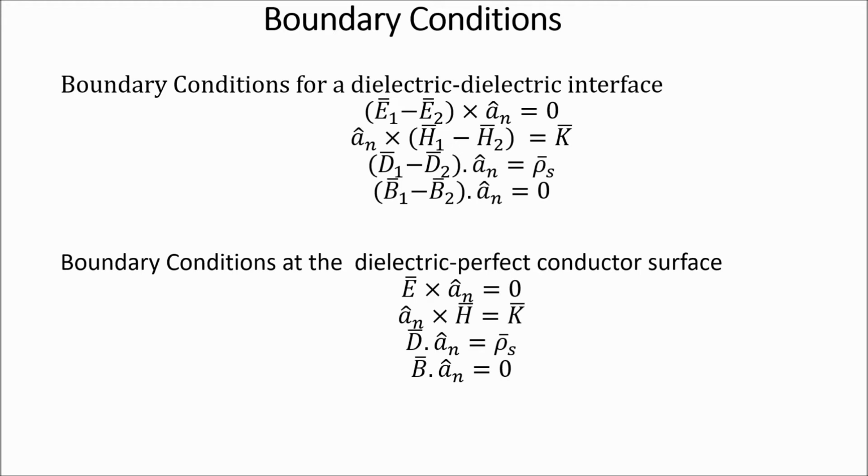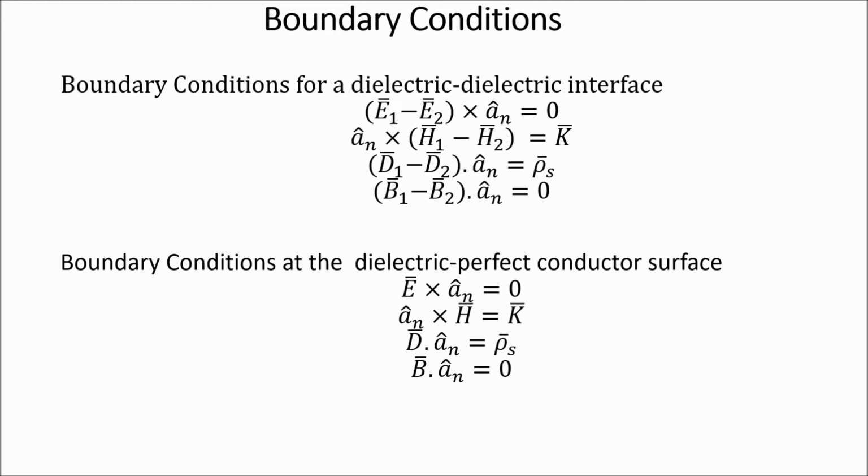And the fourth expression says the difference of the normal component of magnetic flux density is equal to 0. So from these expressions, you can easily conclude that the tangential components of the electric field for the two media will be the same at the boundary, and also the normal component of magnetic flux density will be the same at the boundary.